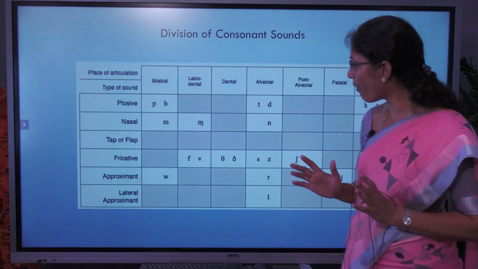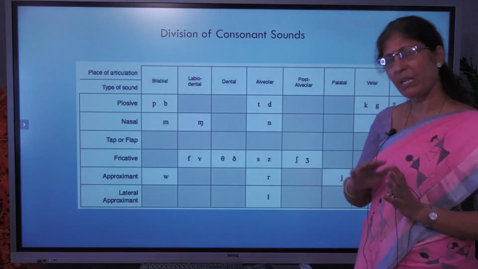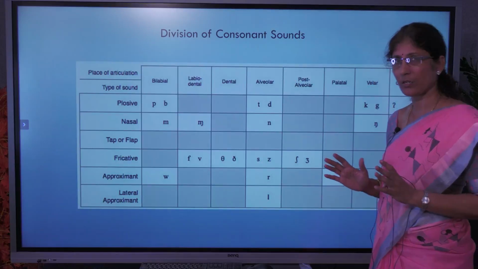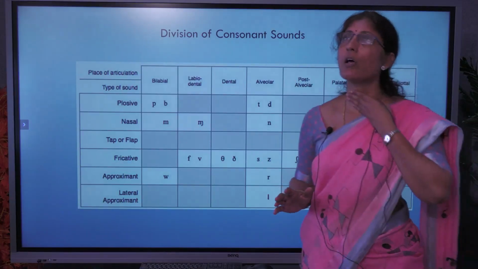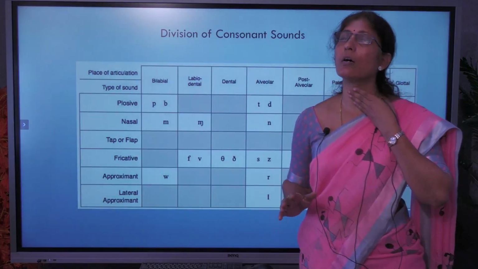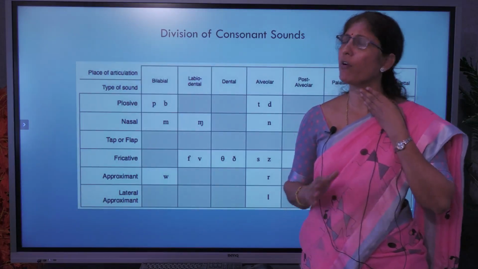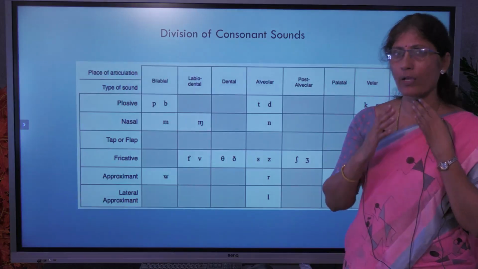In English, out of 44 sounds, many are voiced sounds, because all the vowel sounds are voiced. Every vowel sound is a voiced sound.